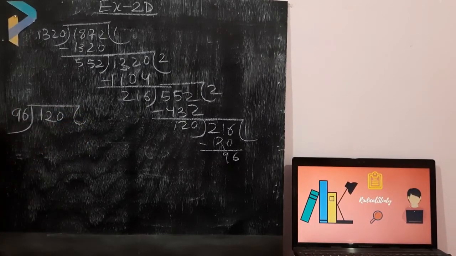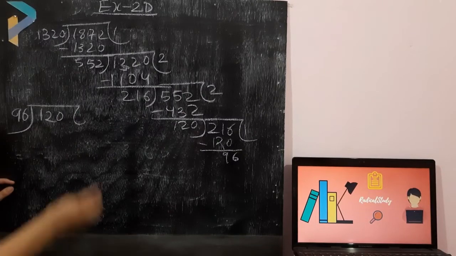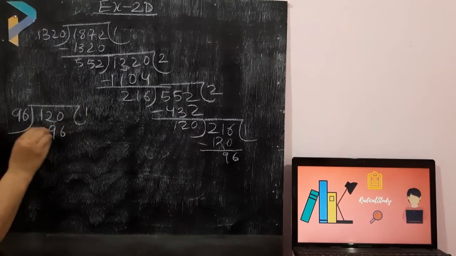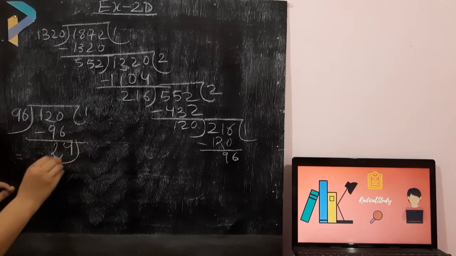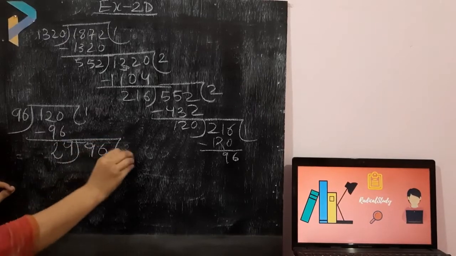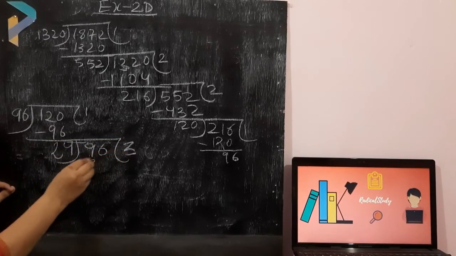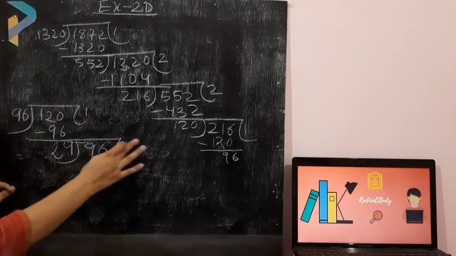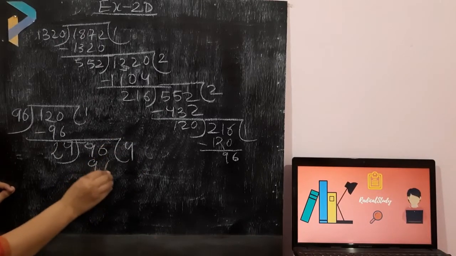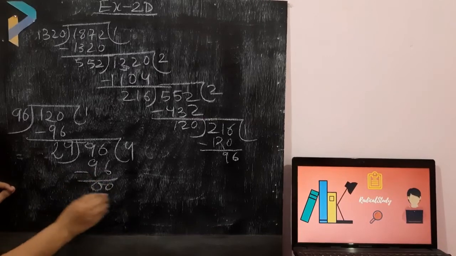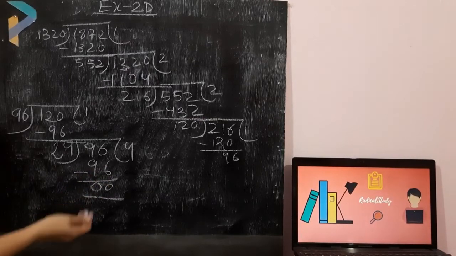Now I am dividing over here. Now 96 ones are 96. Here it will be 2, right? So 24 will be divided by 96 now. So 24 fours are 96. Now what have we got over here? We have got 0 as the remainder.